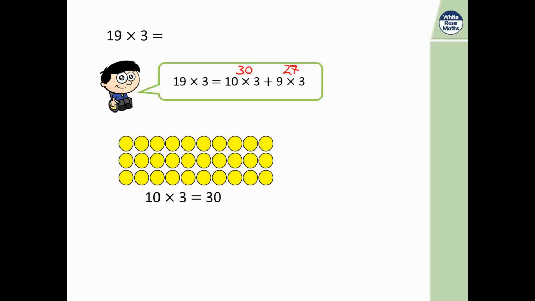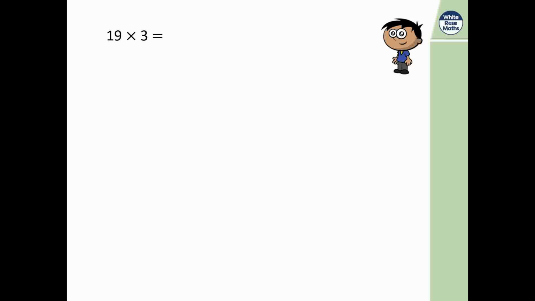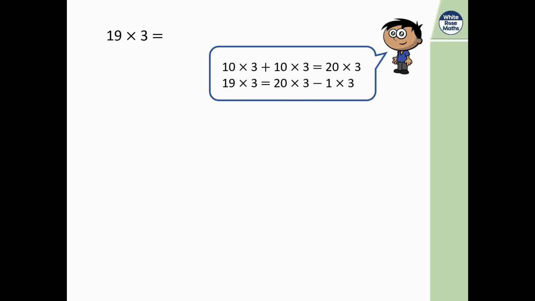Not 47. We just had the answer. It was 57. 10 times 3, 30. They show that. And then 9 times 3, 27, and then we added them together. Okay, so this is another way of doing it. They've done as we did before, 20 times 3, which is 10 times 3, which is 30, plus 30.